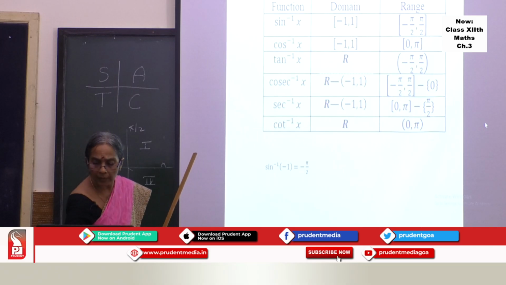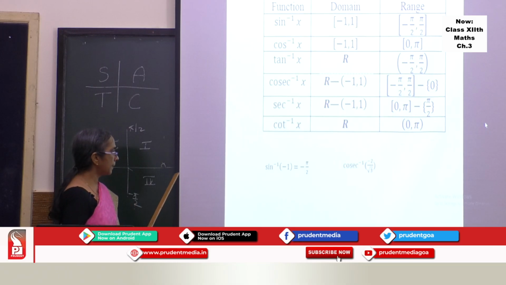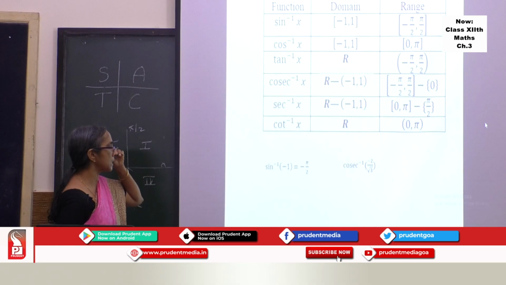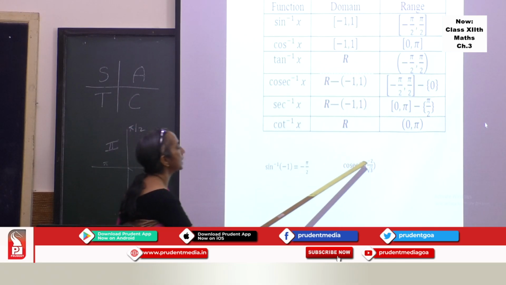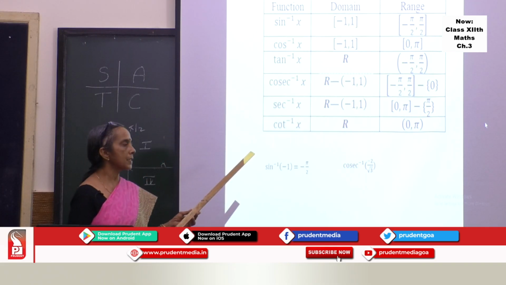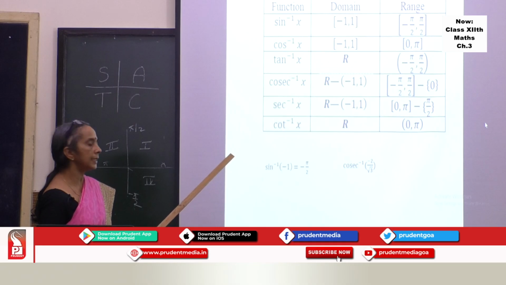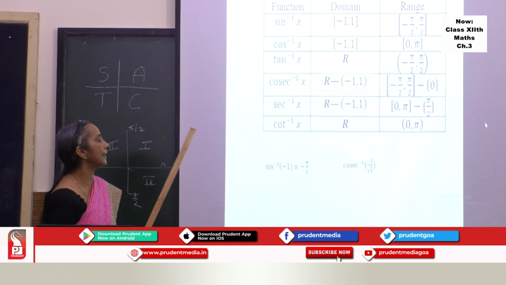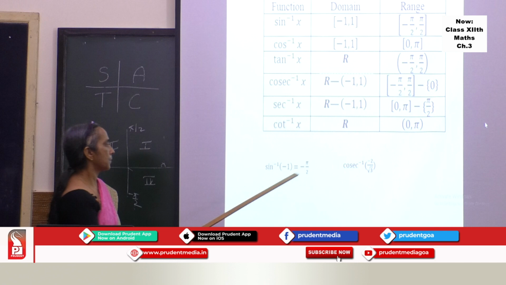Okay. Now, let us see another example. Cosec inverse of minus 2 by root 3. Cosec of which angle is 2 by root 3? That is what I am asking.